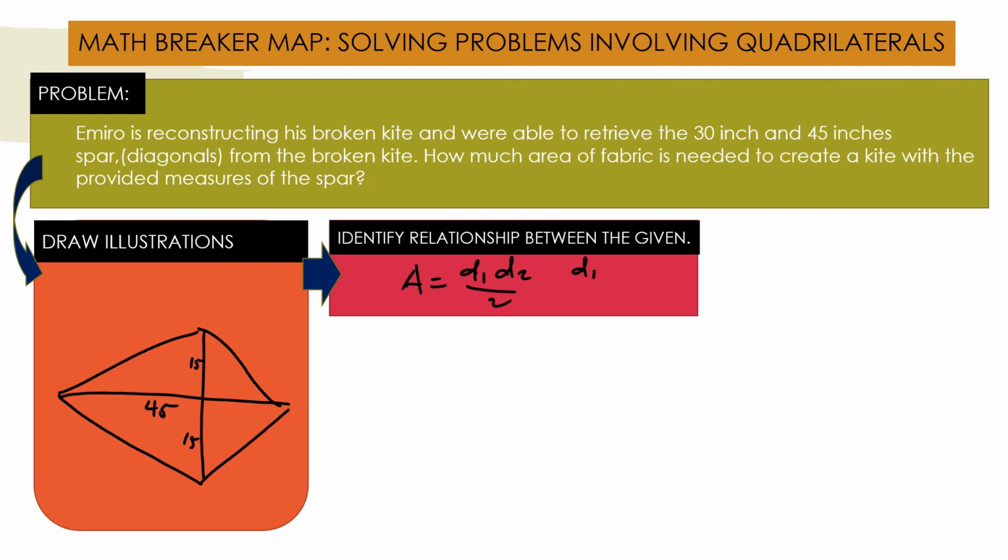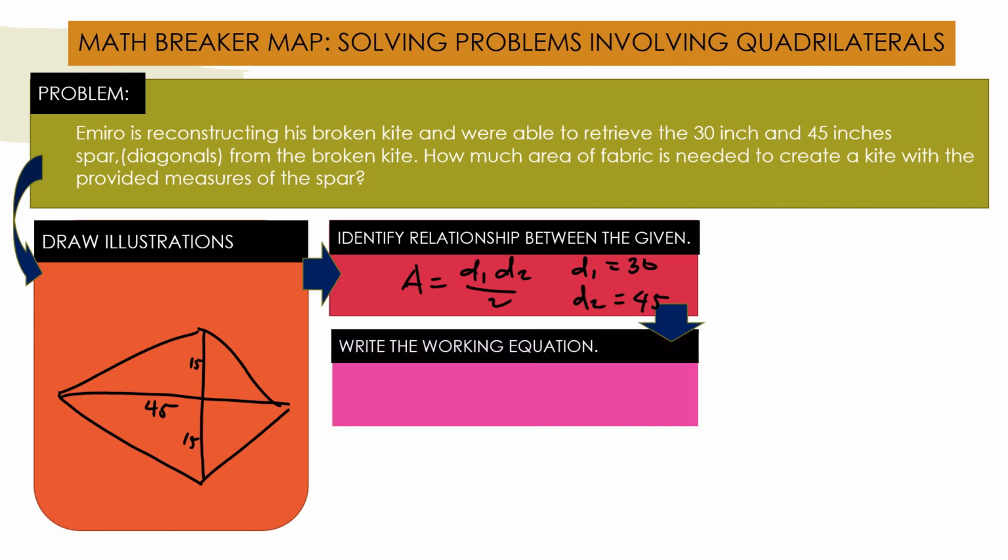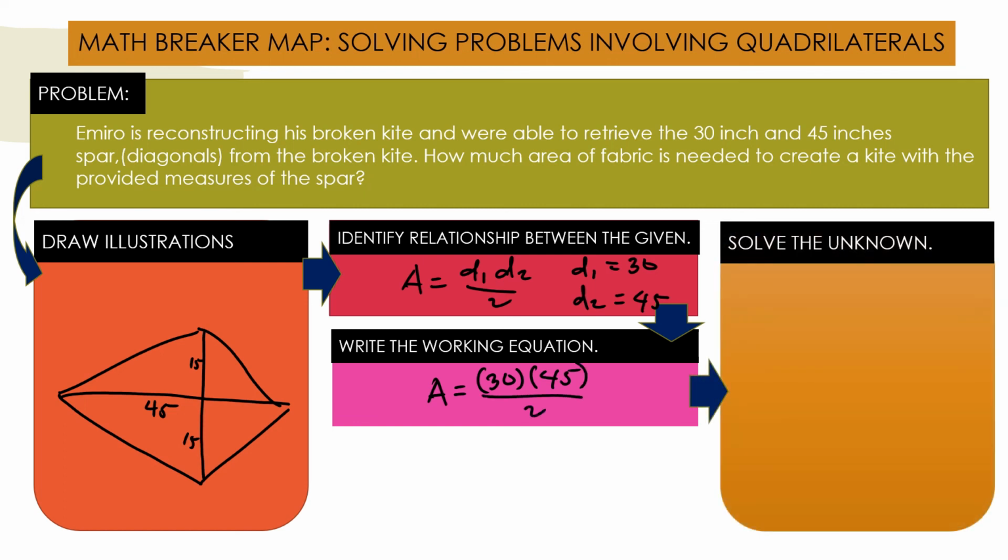So based on the given, diagonal 1 is equal to 30 and diagonal 2 is equal to 45. Now let us have the working equation. I will just substitute: A is equal to 30 as the diagonal 1, diagonal 2 is 45, divided by 2. So let us solve for the area. Area is equal to 30 times 45 divided by 2.